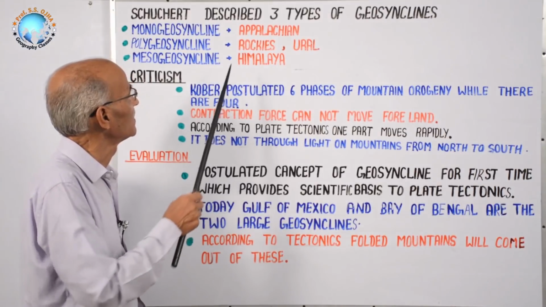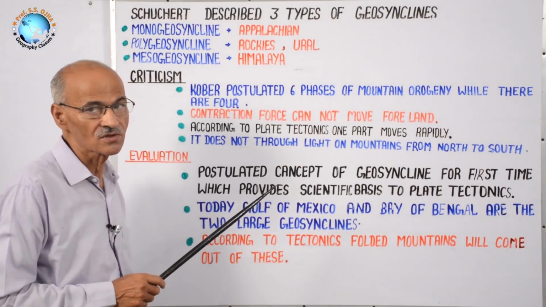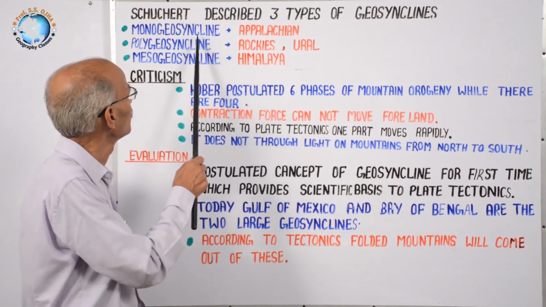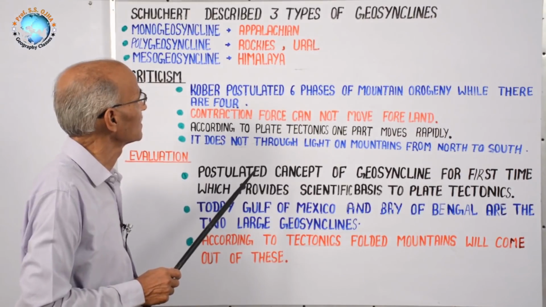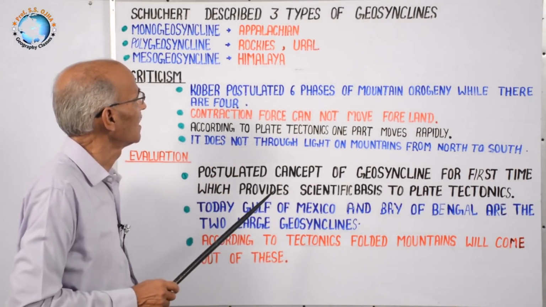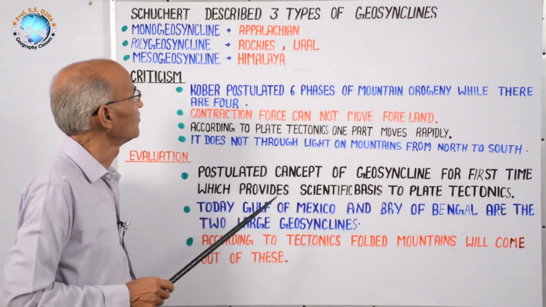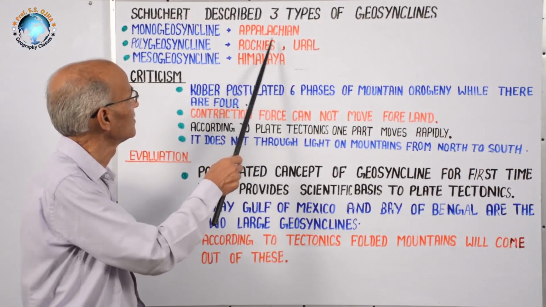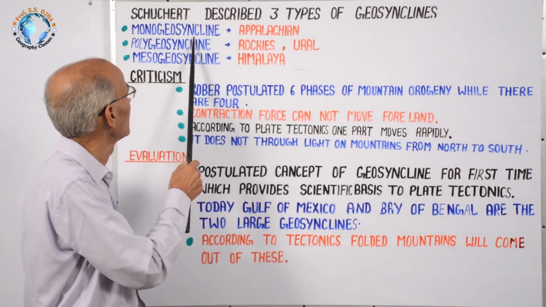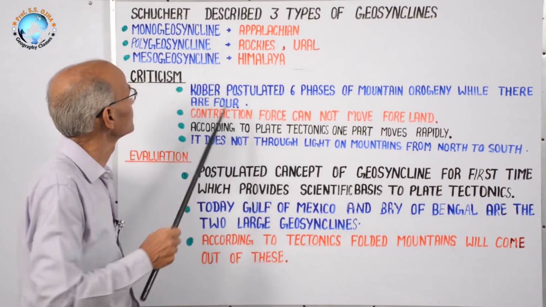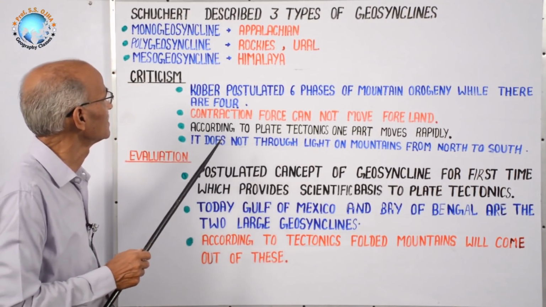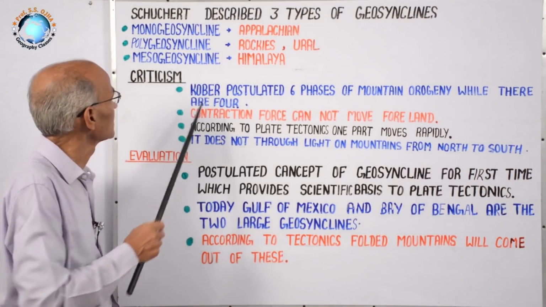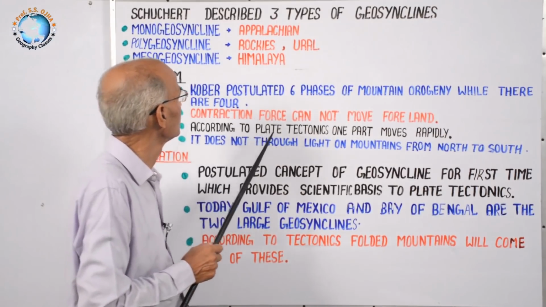For example, the Appalachian mountain along the east coast of USA emerged out of one geosyncline, the Appalachian geosyncline, and its name is Appalachian mountain. Likewise, the Vindhyan geosyncline was in India, out of which the Vindhyachal mountain range came out. It means out of a monogeosyncline, a single range originates, like the Aravalli geosyncline. And polygeosyncline stands for several geosynclines.